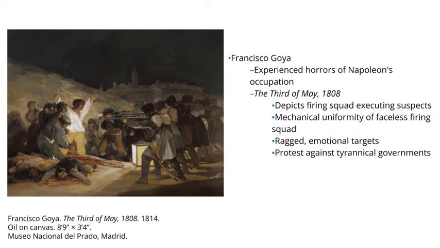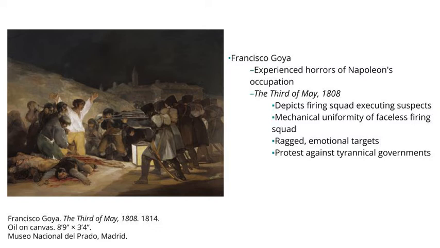And you can see there's this sort of mechanical uniformity of the faceless firing squad. The only real faces that you see are the faces of the victims. So it really makes the firing squad seem cold and heartless and more like just an authoritarian group of people all working as one unit and not really having any individual thoughts or care for others.